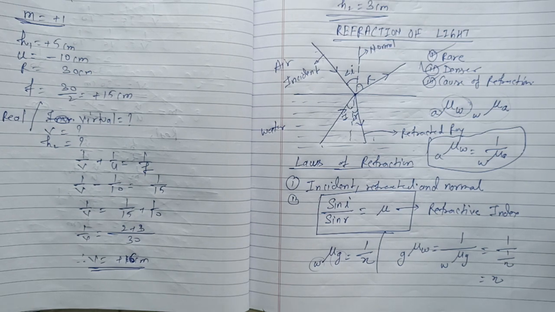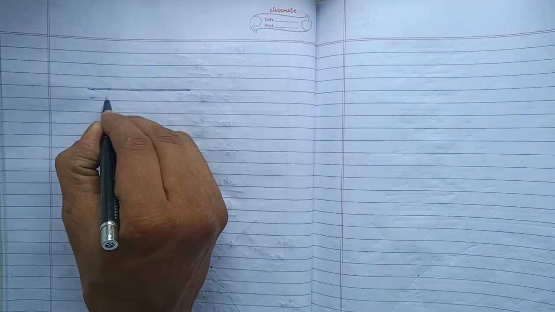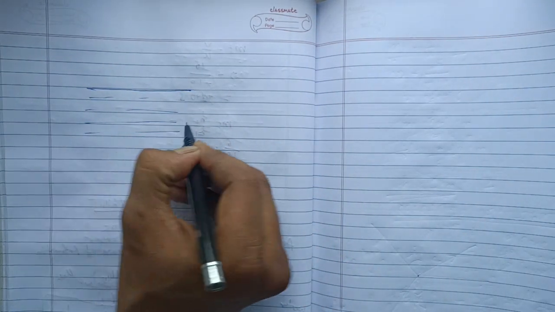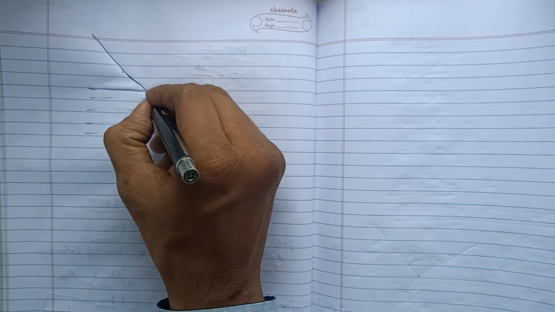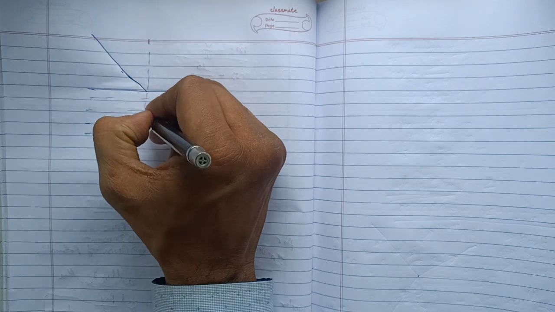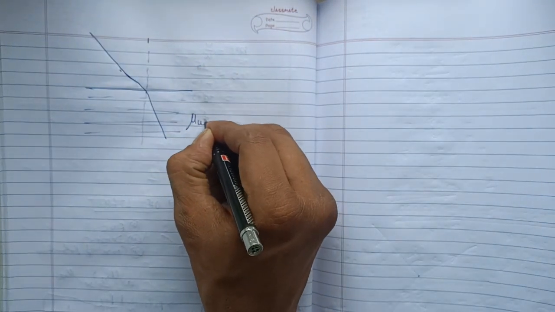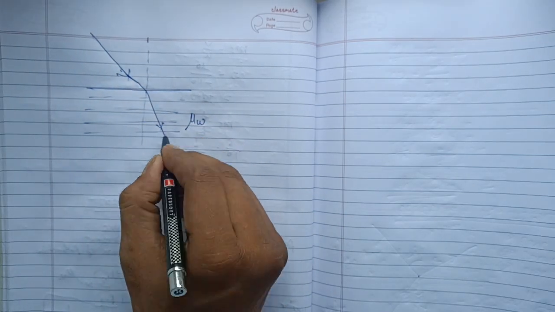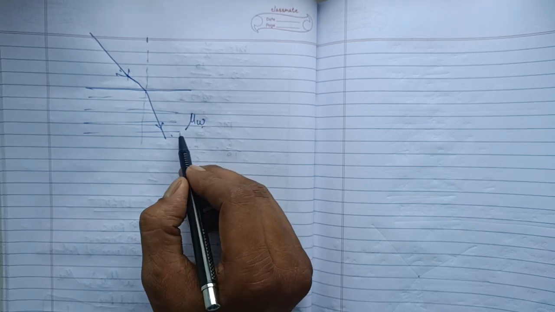I'm just trying to make you understand. Suppose the light is coming into water, this medium is water, and light is coming from vacuum. So if the light is coming from vacuum, and we find the refractive index of this medium, this will be the absolute refractive index, because we cannot write refractive index of water with respect to vacuum.